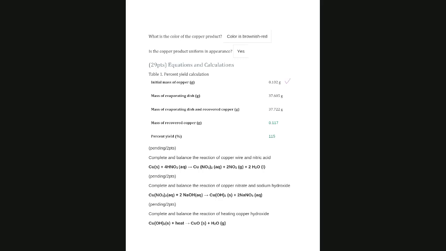And that's how I obtained 115%. Note that my percent yield is higher than 100, which means that I probably didn't dry my copper correctly. It cannot be higher than 100.